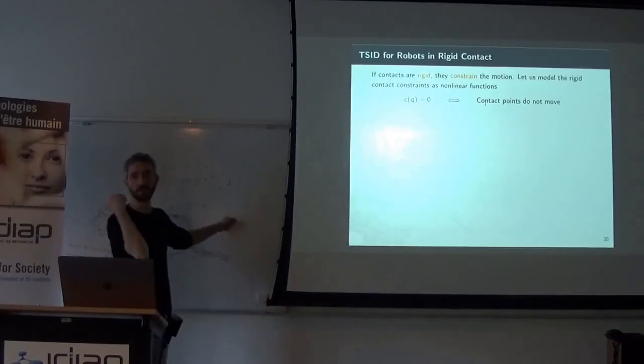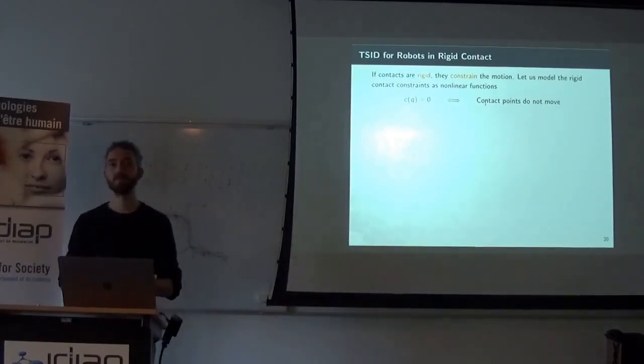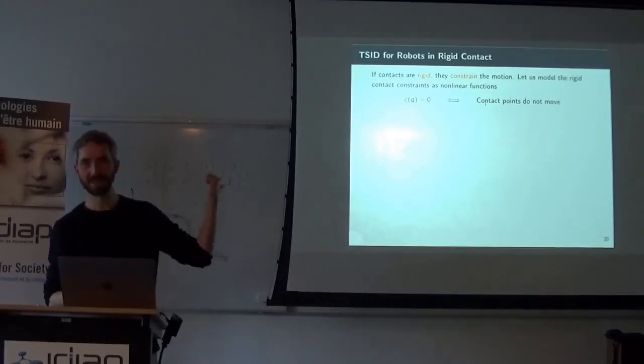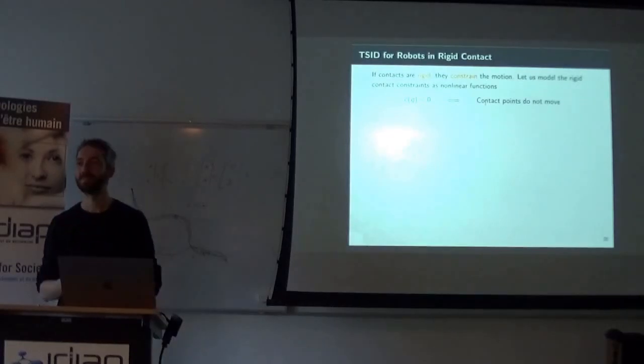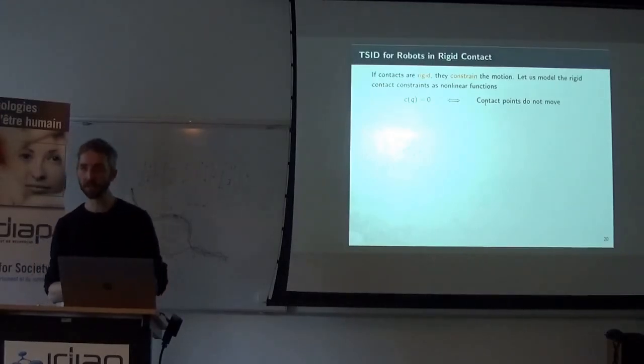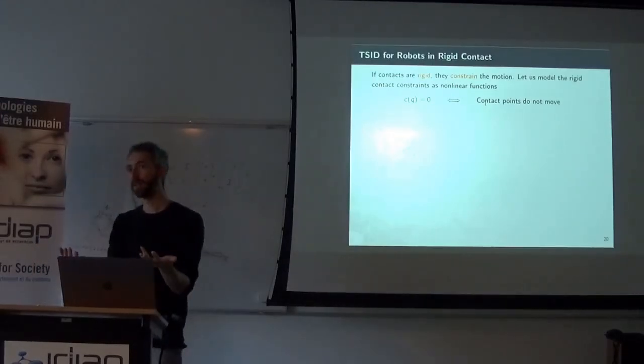You remove the contact. Could we model it with an inequality constraint? Yeah, I'm getting to that. So the user needs to decide for the control framework when it is time to break the contact.